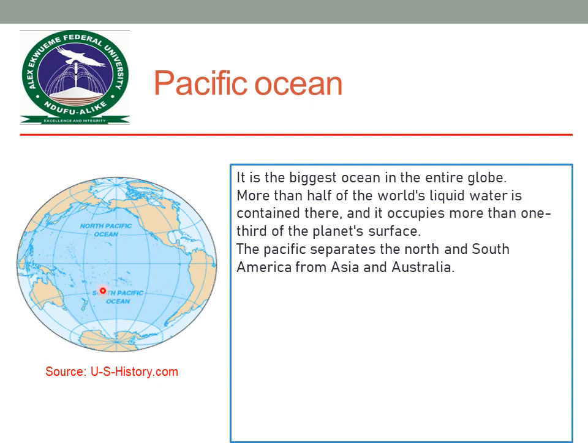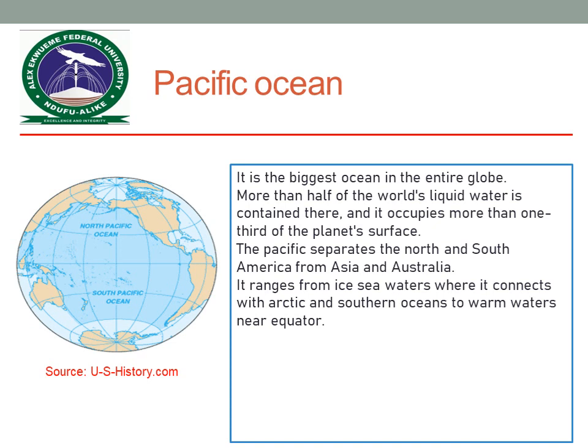This ocean is separated by the continents. On the right, it is separated by North and South America. This is North America. This is South America. On the left, it is separated by Asia up here and Australia.